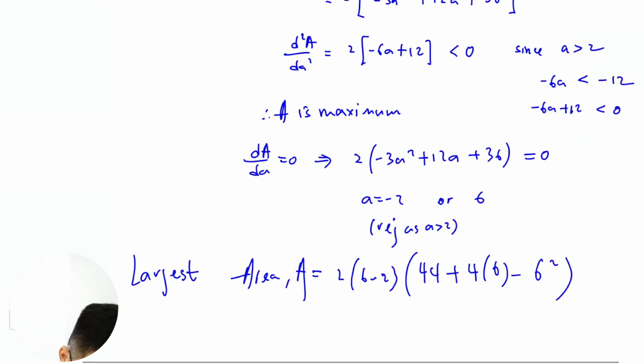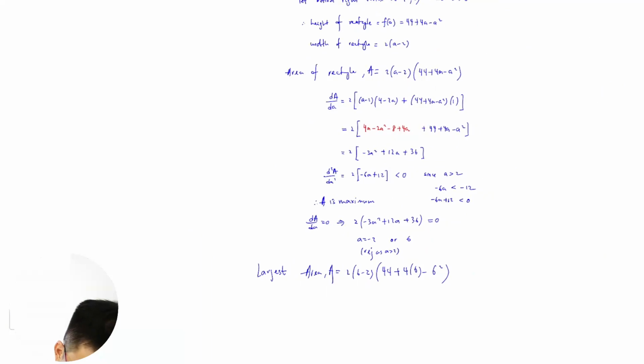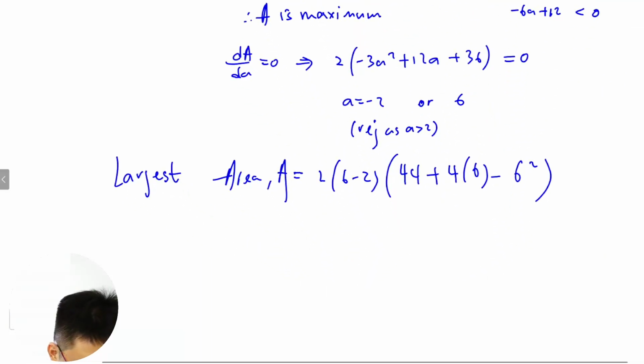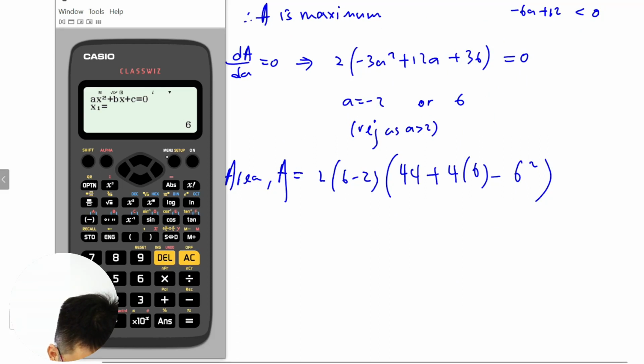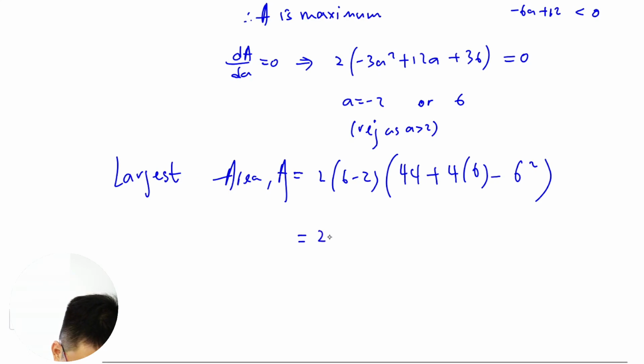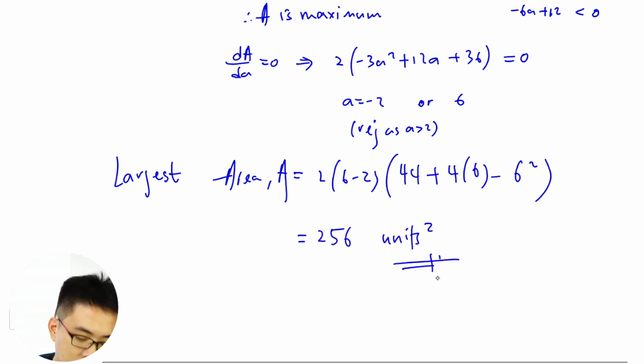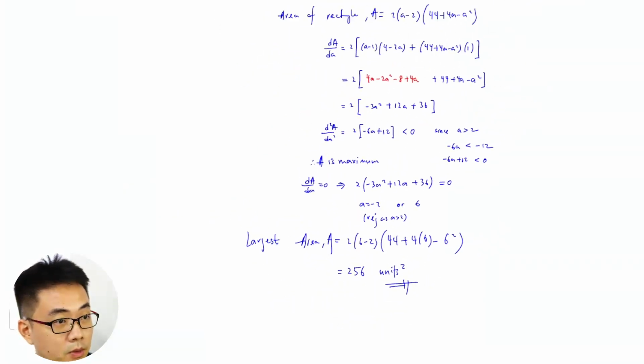There you go. Key in the calculator. 44. Yep. Oh. Wait, 256. Square units. Okay, so it's 256 square units.